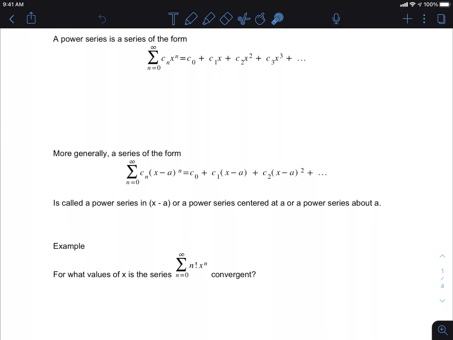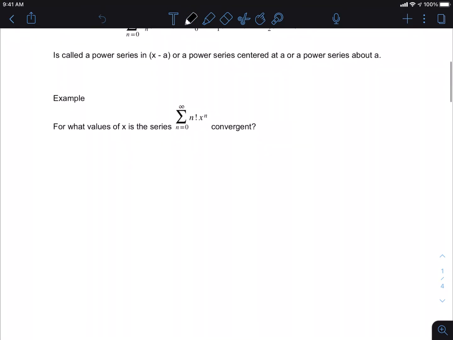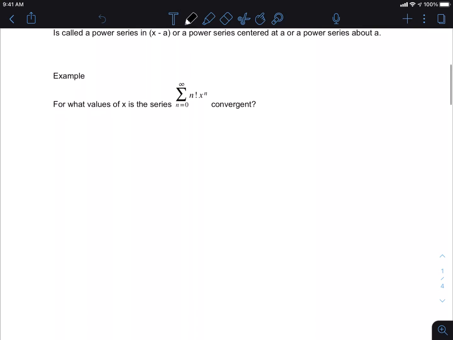Okay, so let's go ahead and use this and see if we can make some connections to some of the information that I've already provided in my other lectures for you. So here's an example, and it says, for what values of x is this series convergent? We don't know much about this one, so we're going to see if we can do a ratio test and see if the ratio test can help us with this.